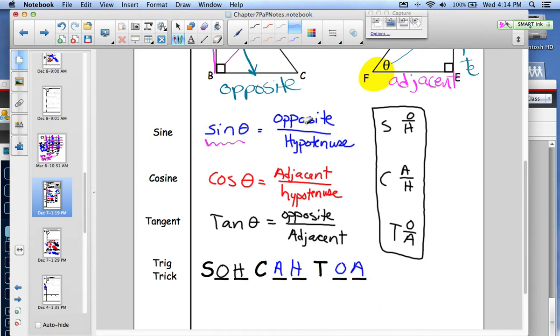And that is the opposite over the hypotenuse, and that's the ratio that represents the sine of the angle. The cosine, abbreviated as COS, please don't call it cos. Cosine is adjacent over hypotenuse. And then the tangent, TAN for tangent, is the opposite over adjacent.